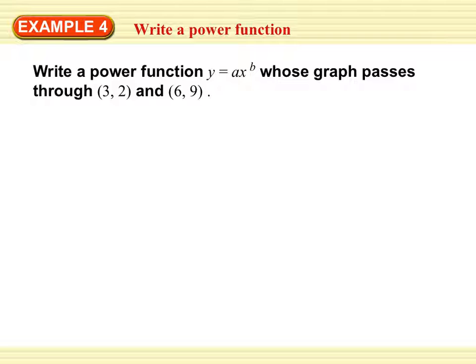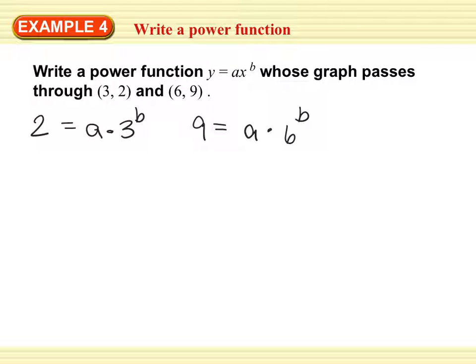So our first practice, write a power function y equals ax to the b whose graph passes through those 2 points. So first of all, let's substitute them just like we did in the past. 2 equals a times 3 to the b, and 9 equals a times 6 to the b. So I've substituted all I know.